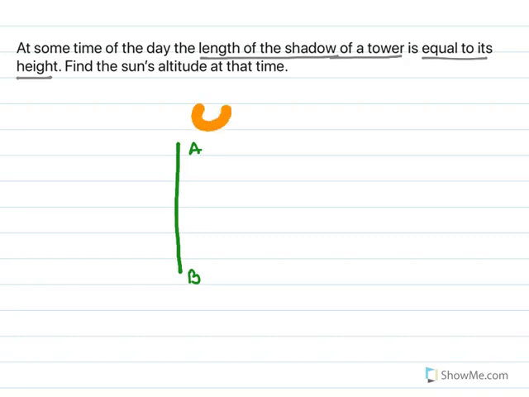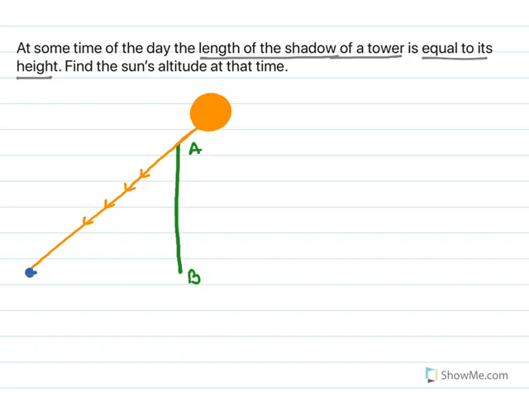To draw the shadow we always need the sun, and from the sun we have to draw the angle of elevation. So these are the sun's rays coming down, and here will be the shadow.